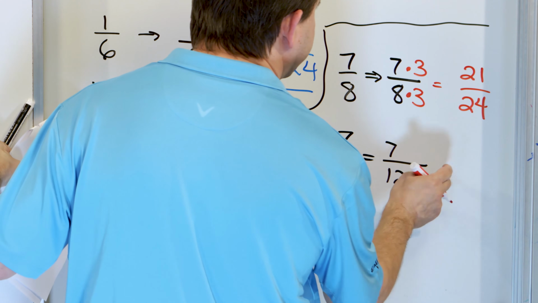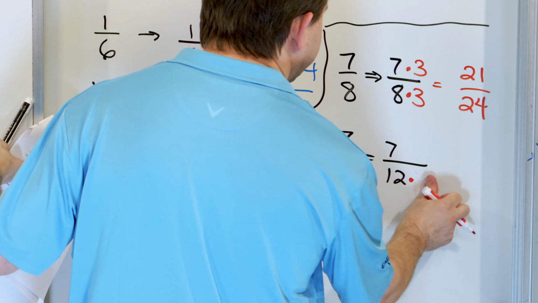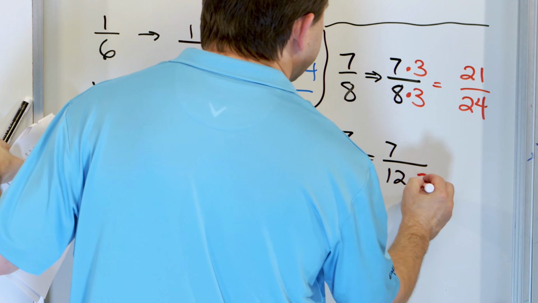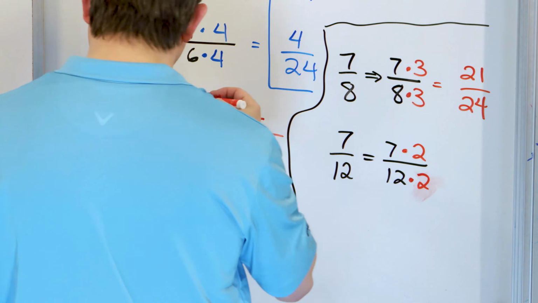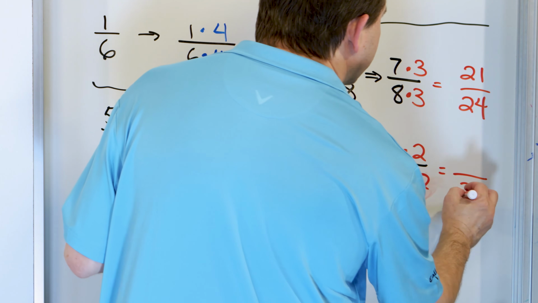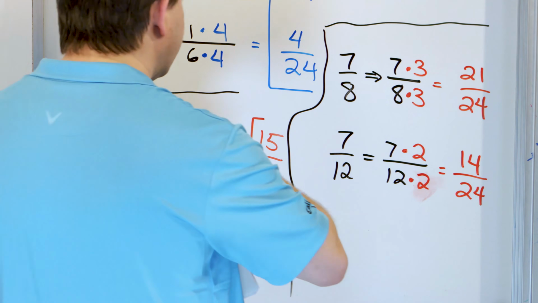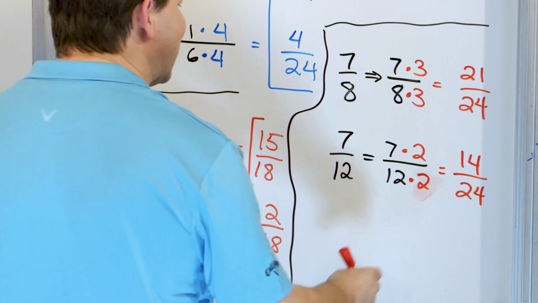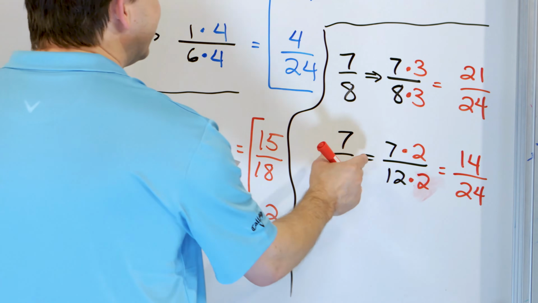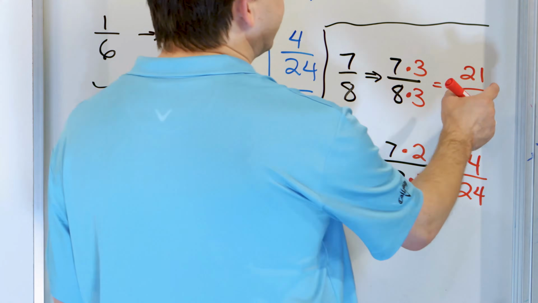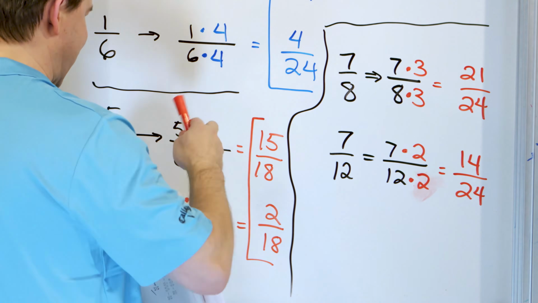I'm sorry, not times 3. 12 times 3 is 36. Everybody makes mistakes, especially when you're tired. Times 2 and times 2. So on the bottom, 12 times 2 is 24. And on the top, 7 times 2 is 14. And so I'm saying that the fraction 14/24 is the same as 7/12. And the fraction 21/24 is the same as 7/8.